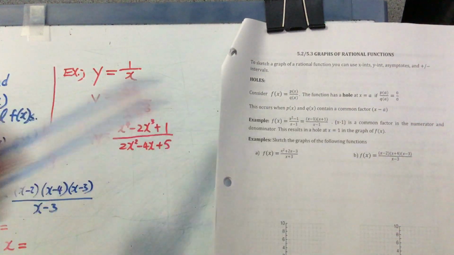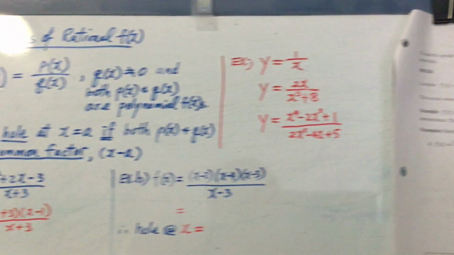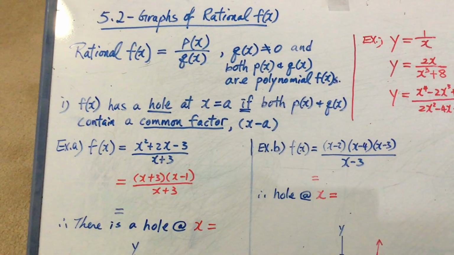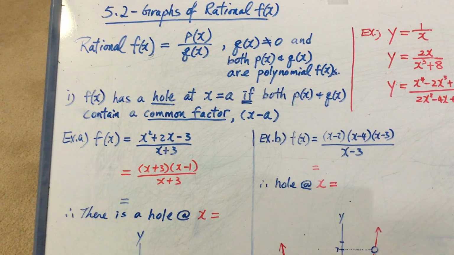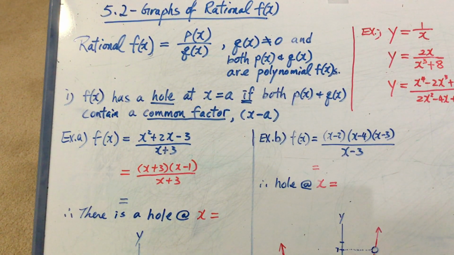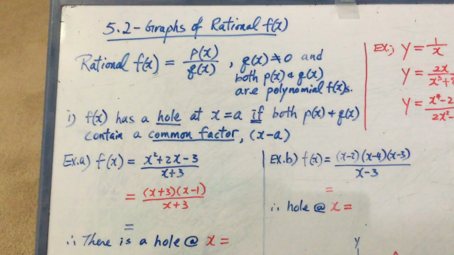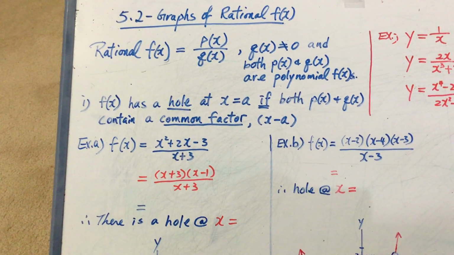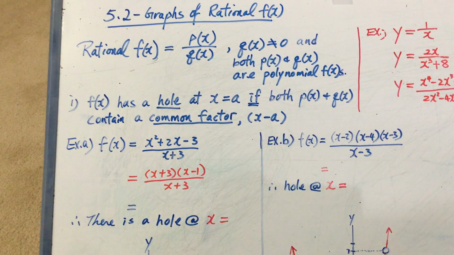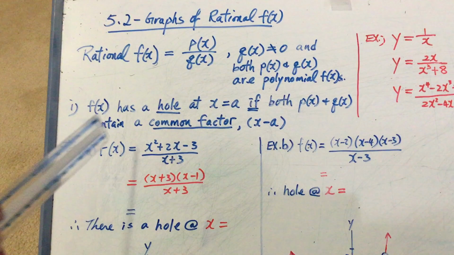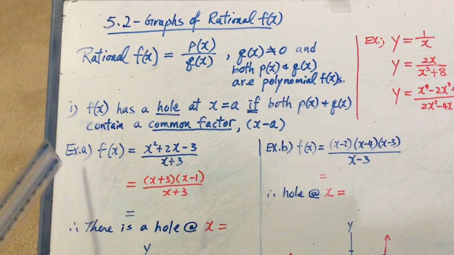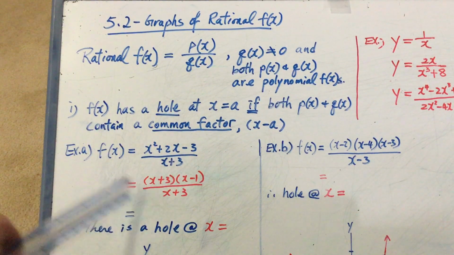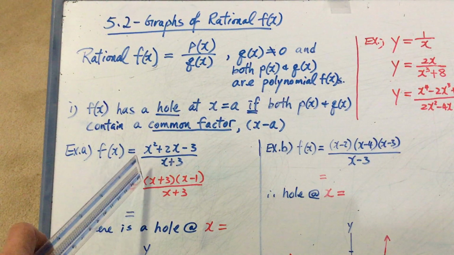Okay, I'm going to do 2 examples and show you how to graph simple rational functions. But before we start graphing, we want to make sure whether there are any common factors from the equations. So first of all, if you get a degree 2 divided by degree 1, like example A, you always turn everything into factored form.